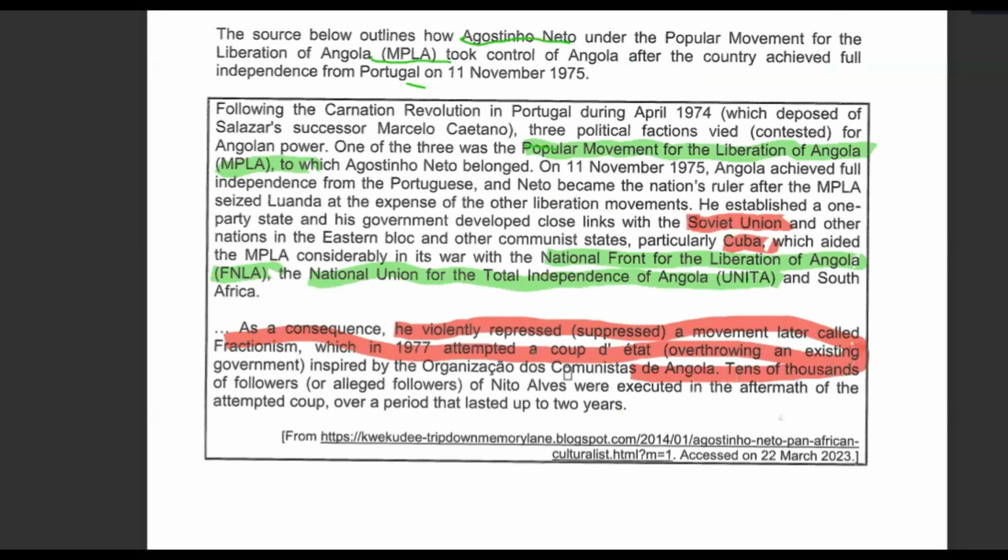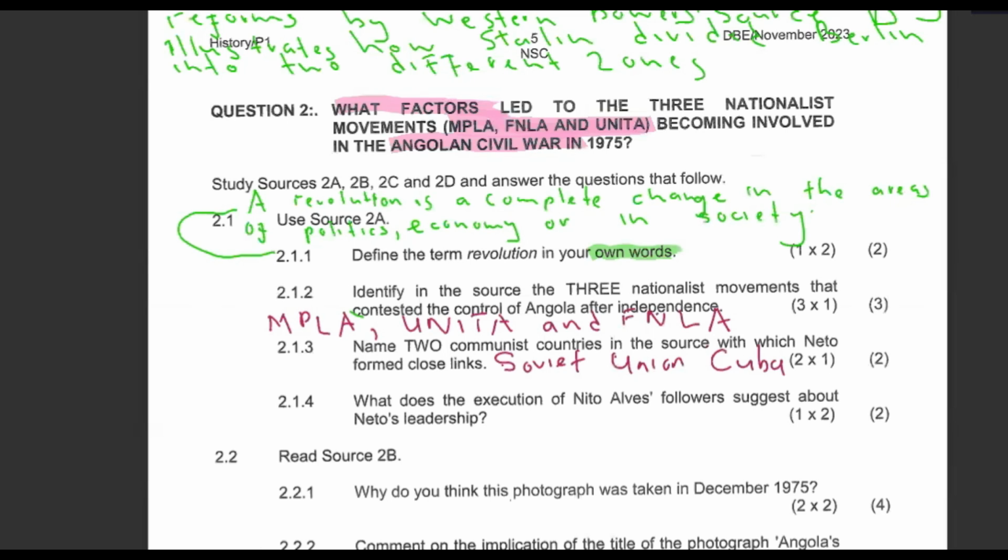So, these people who attempted to overthrow Neto's government were actually killed. They were actually executed. So now, to address the demands of the question, what does the execution of Neto's followers suggest about Neto's leadership?